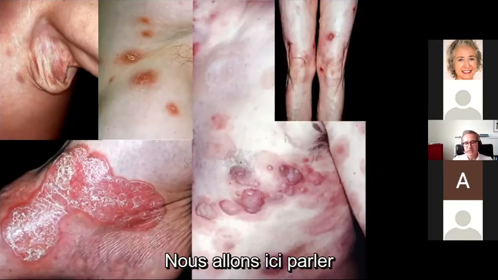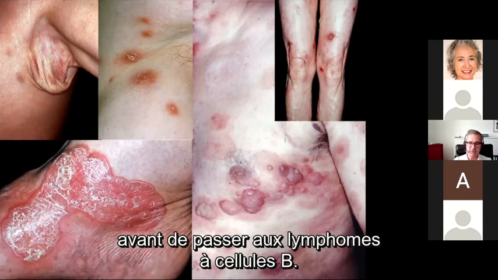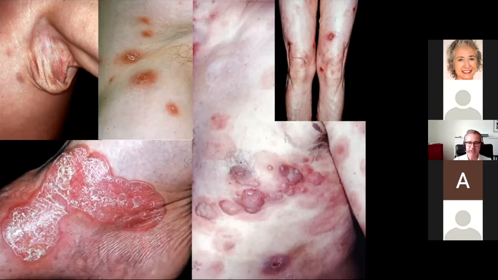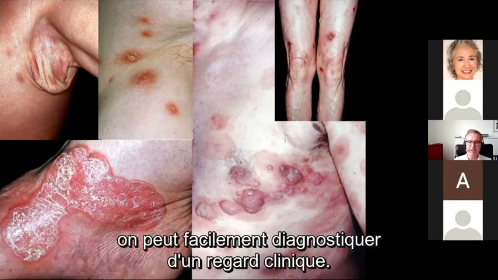So this is the field we'll be discussing, cutaneous T-cell lymphomas in the first line, and then cutaneous B-cell lymphomas. And even though all these pictures look very different from each other, if you're familiar with the field of cutaneous lymphoma, then it's fairly easy to make a diagnosis just by clinically looking at it.